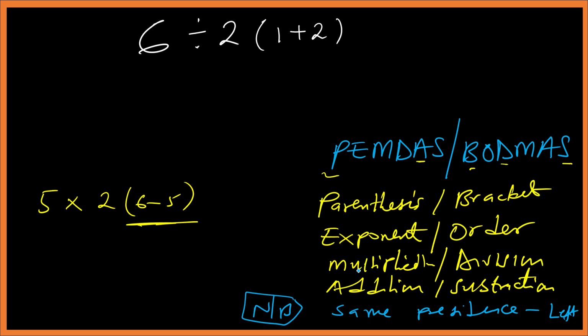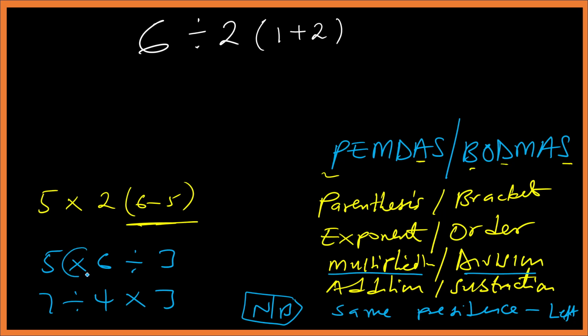Now, same precedence means, for instance, multiplication and division, for instance, 5 times 6 divided by 3, or 7 divided by 4 times 3. So we have multiplication division, division multiplication. So we have same precedence. When it happens this way, start from the left.